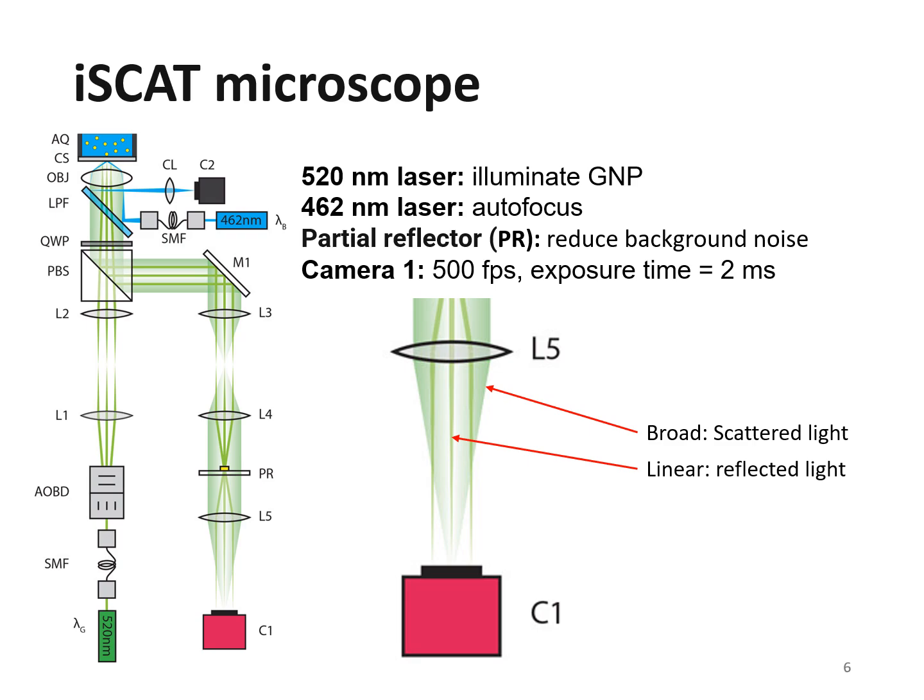A 462 nanometer laser is paired with camera 2 to achieve autofocus through total internal reflection, and a partial reflector (PR) selectively filters some of the reflected light to reduce background signals. During imaging, camera 1 captured at a speed of 500 fps with an exposure time of 2 milliseconds.